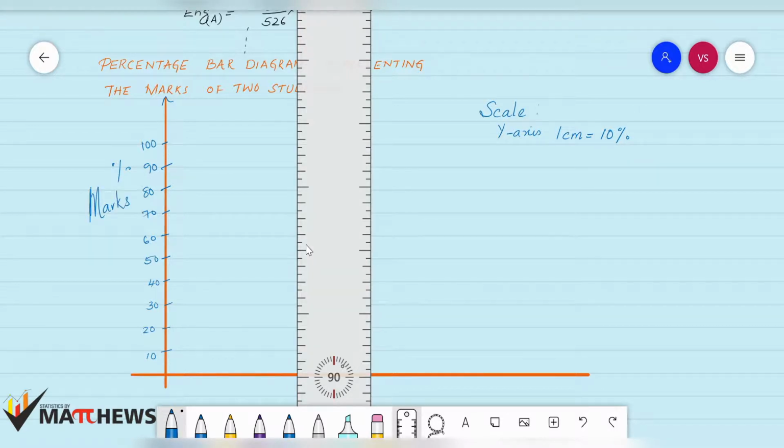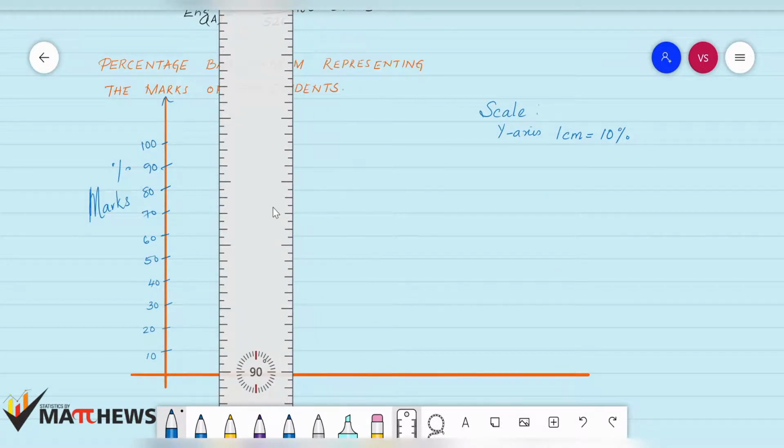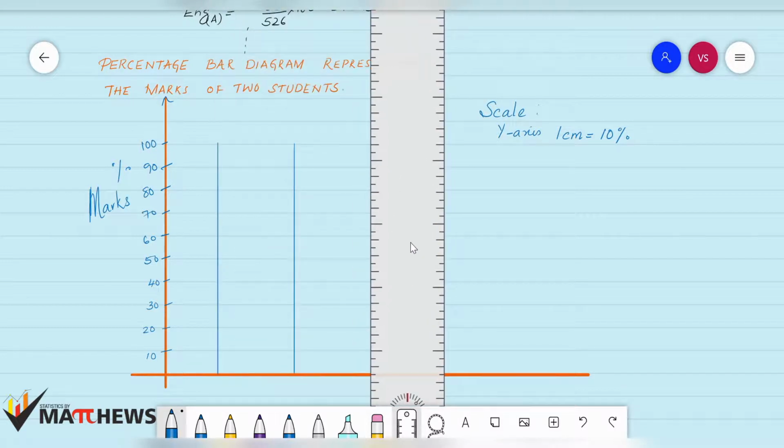Now let me talk about the first two students. The bar will be of 100 length. I hope you understood this.